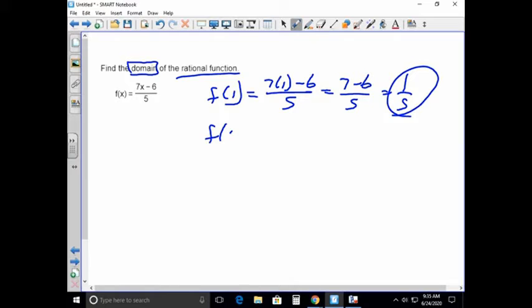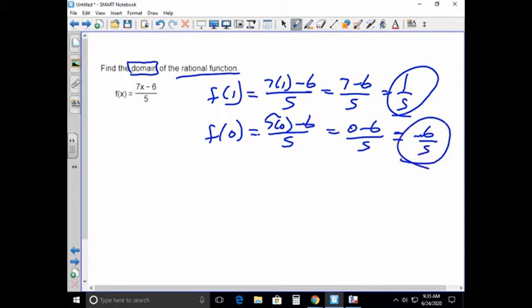If we put in a 0, everywhere we have an x, on top, 7 times 0 is 0. 0 minus 6 is negative 6, and we get an answer. It turns out any number we plug in for x, we're going to get an answer. Any number can be multiplied by 7.